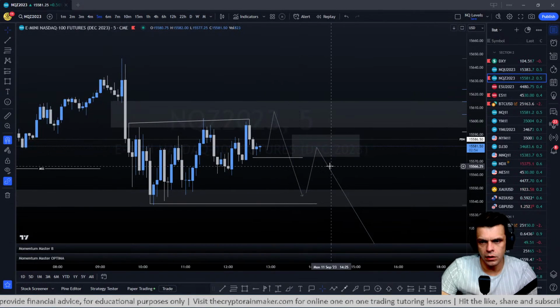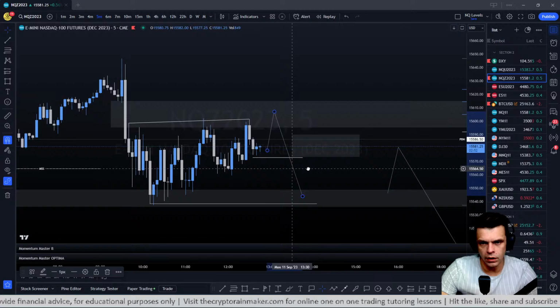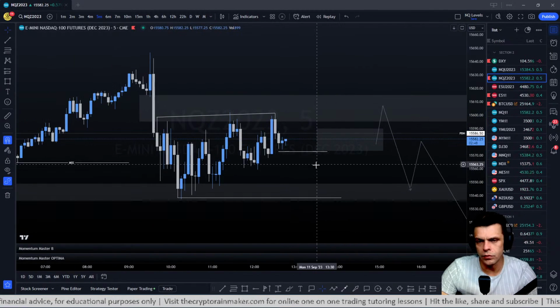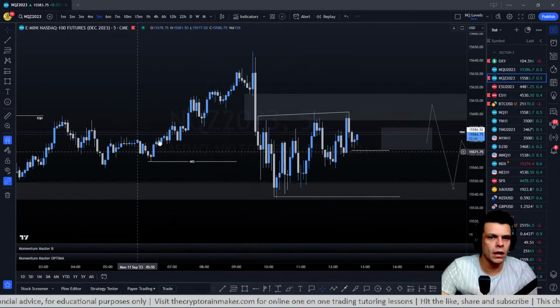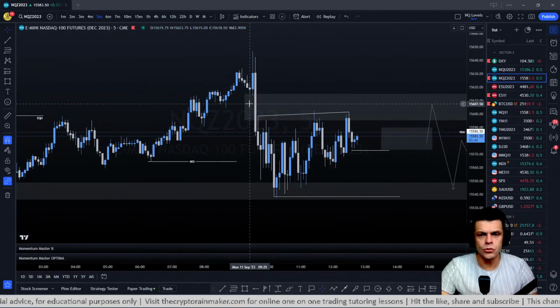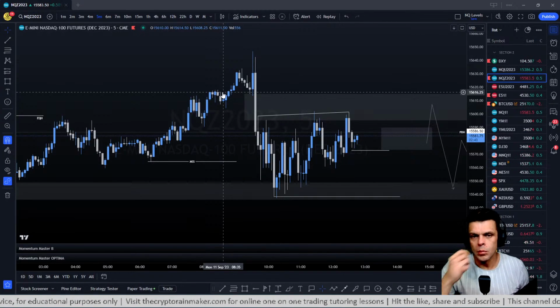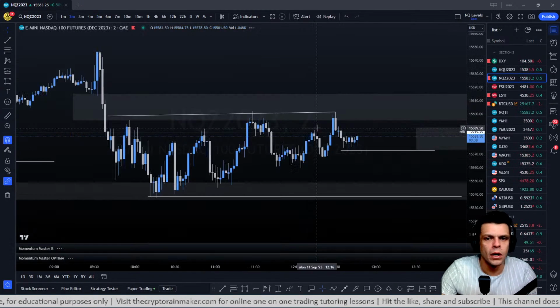Okay, I think that is gonna be kind of like the A plus setup that I'm gonna target for the afternoon session. Admittedly, I did not trade this morning. I watched the price action the whole morning, but it just didn't form my entry setup.